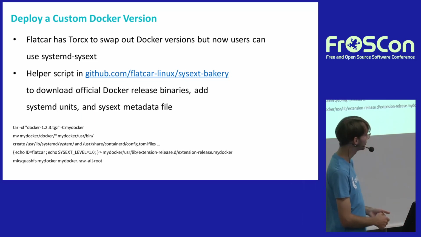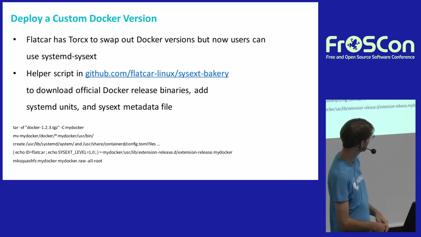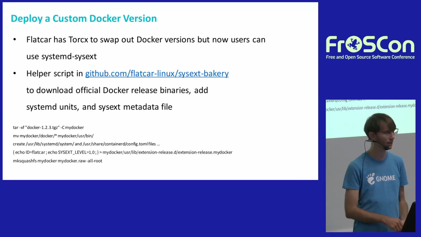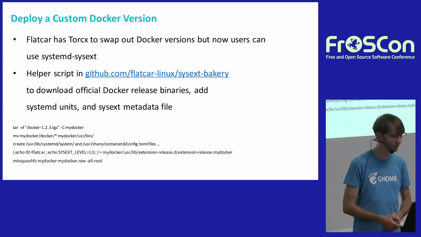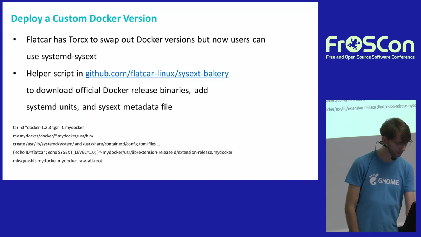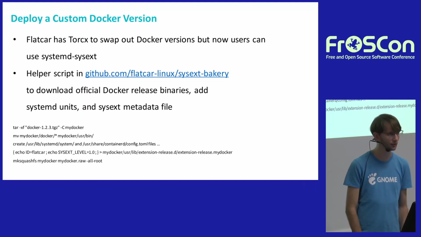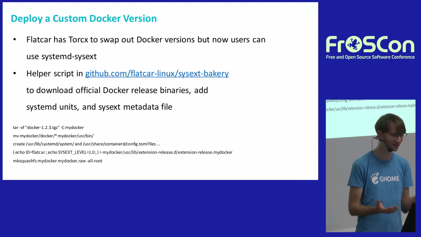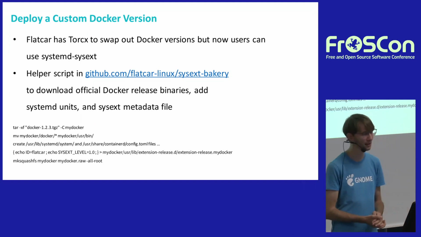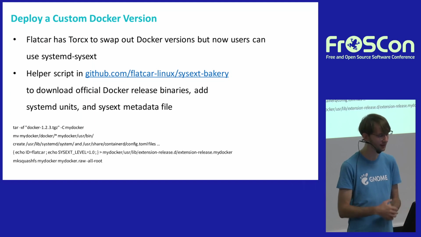And then the last thing we do is this extension release file. Here we say it should be for Flatcar, but actually it could also be more generic. And in the end, we make a squashfs image of this because it's easy to do so. It's just one command, and it packs up everything into one file system image.